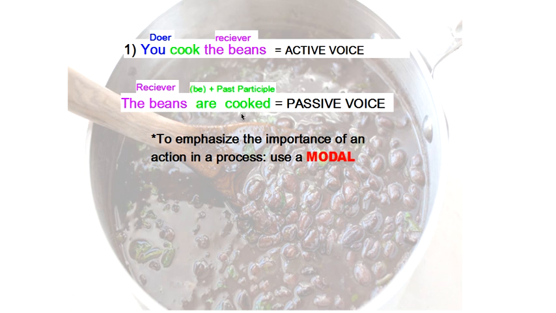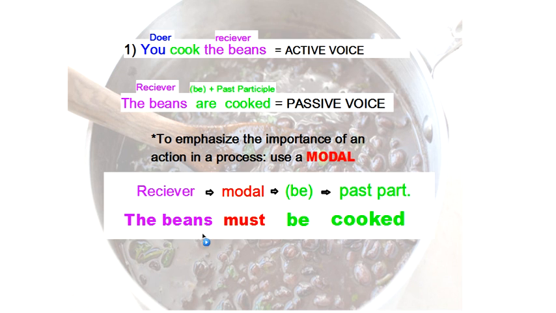The beans are cooked. Is this extremely important when I want to make gallo pinto? Of course it is. It's extremely important. It's absolutely necessary. And I can express that emphasis using a modal. So for example, the beans must be cooked. They must be cooked. So I'm using my modal must to emphasize the importance of the action, that cooking the beans is very necessary, and must is like an obligation, it's mandatory.